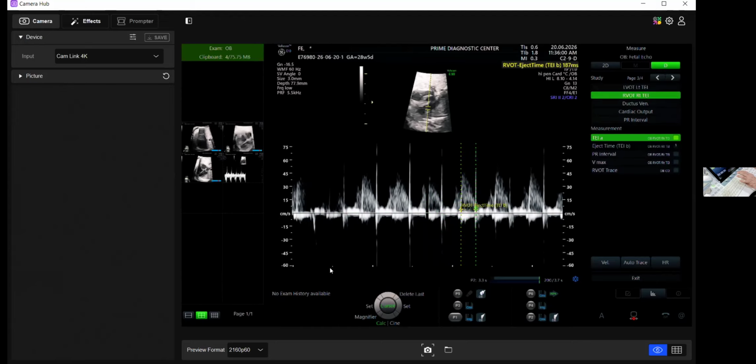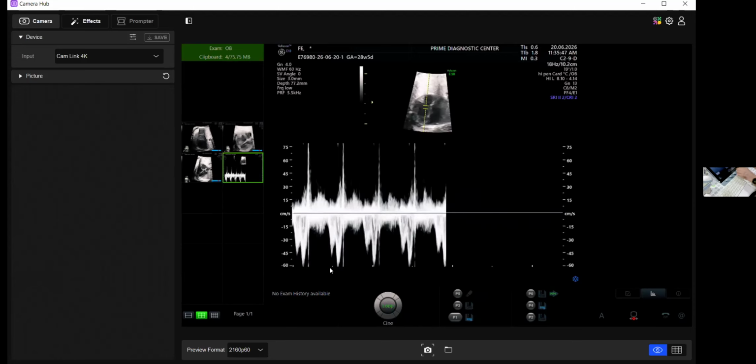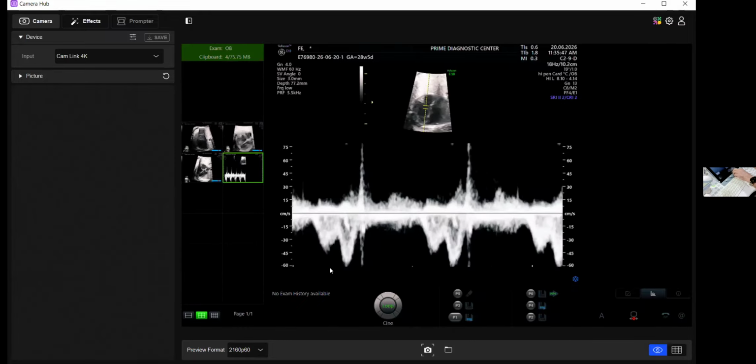Okay, and then we go back and change the view. We have to stop this, right? Okay. And then we select the other image. Okay, and then we increase the speed here, and we reduce the gain here.